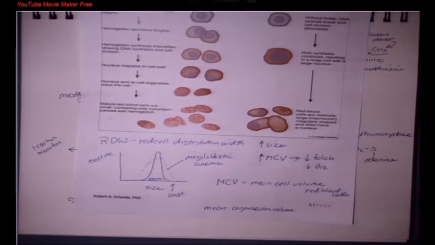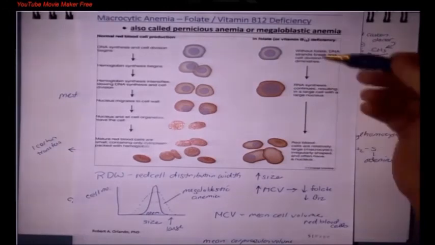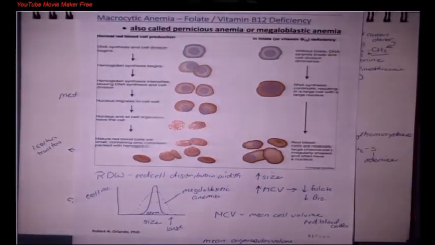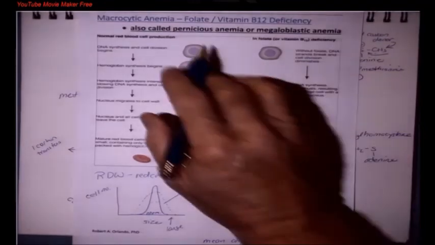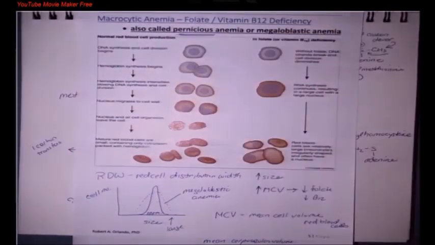So that's called megaloblastic anemia, mostly because the red blood cells are large, and you will see megaloblasts in the circulation. The other name for it is pernicious anemia. And pernicious anemia, I think that term ultimately came from a vitamin B12 deficiency.